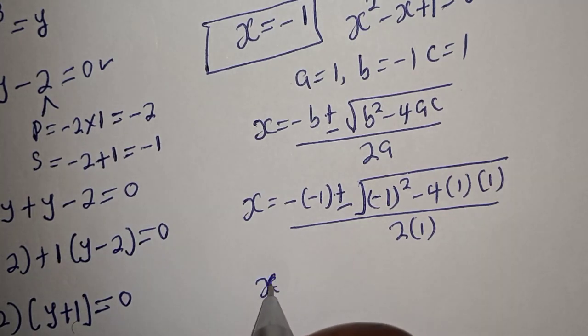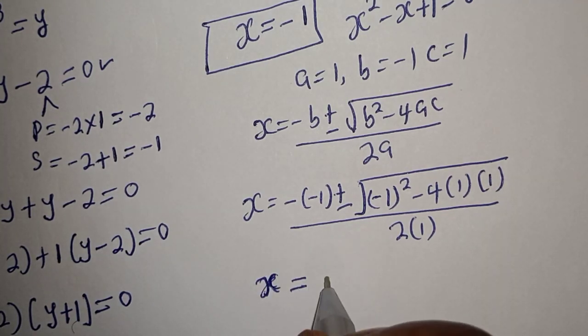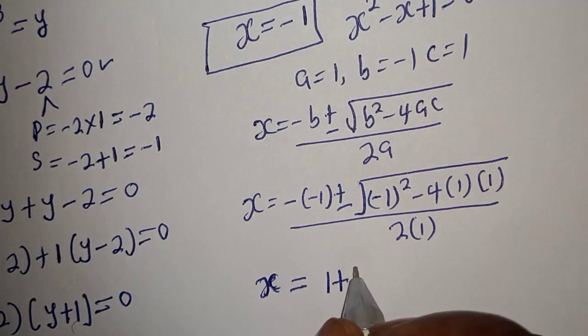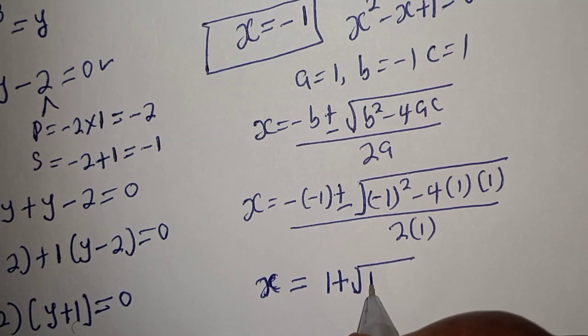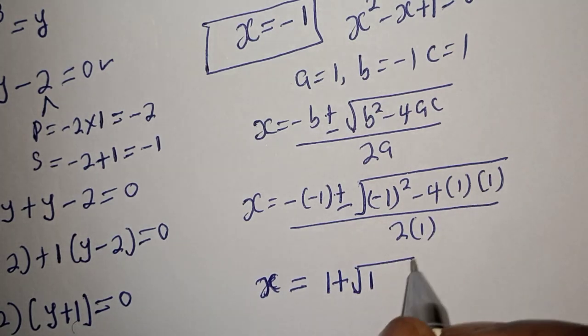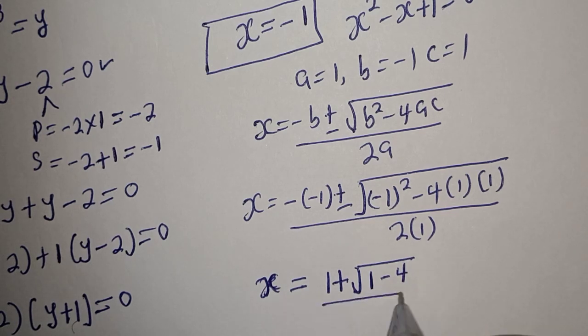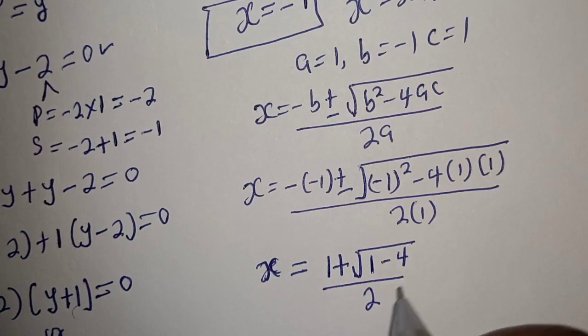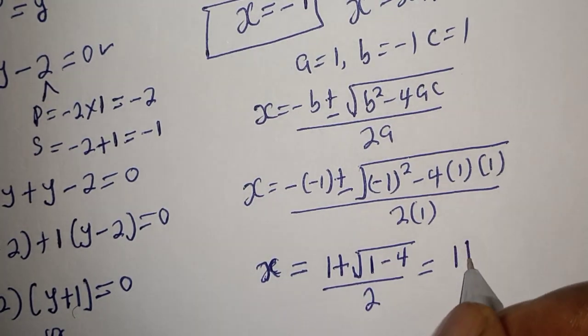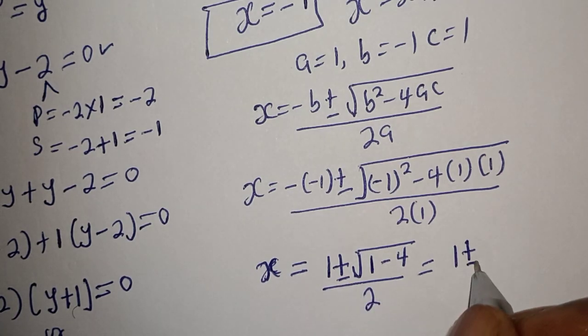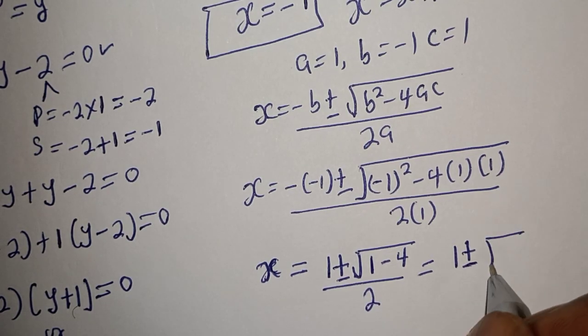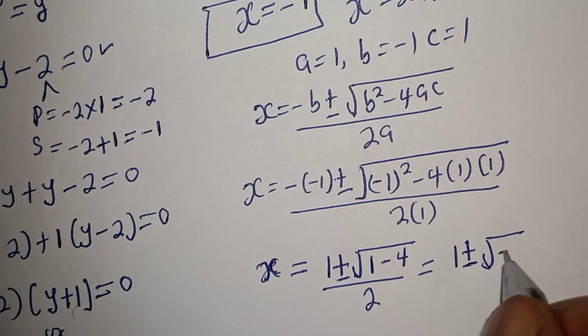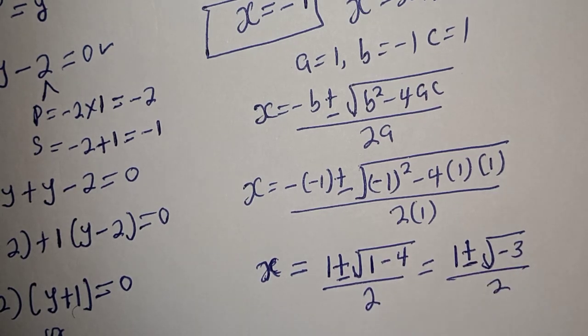S is equal to 1 plus or minus square root of 1 minus 4 times 1 times 1, that is minus 4, over 2. This is equal to 1 plus or minus square root of 1 minus 4, minus 3, over 2.